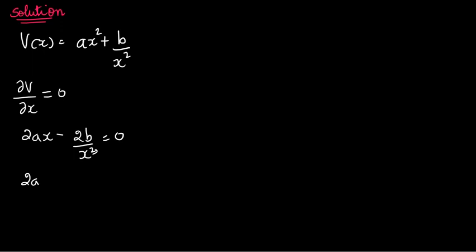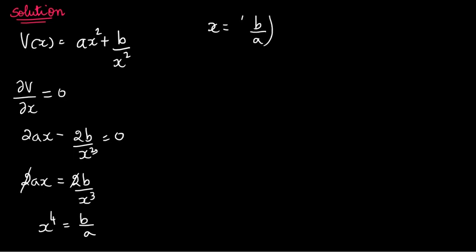So 2ax is equal to 2b by x cube. Then my x power 4 will be b by a. So my x now will be b by a the whole power 1 by 4. So these are our equilibrium points: x is equal to plus or minus b by a the whole power 1 by 4.